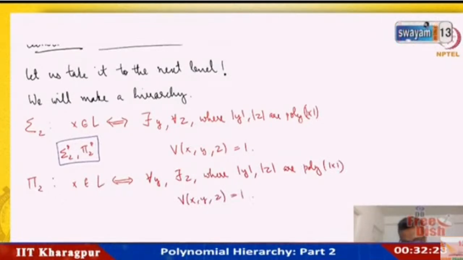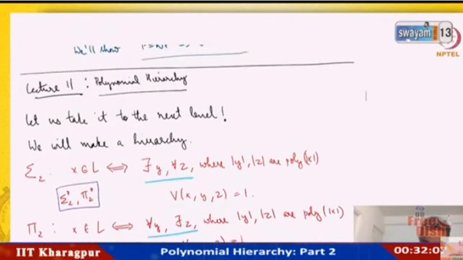So the main difference is in the order of the quantifiers. Here there exists a y such that for all z something should be true. Here for all y there should exist z for which something is true. So this order of quantifiers is important.